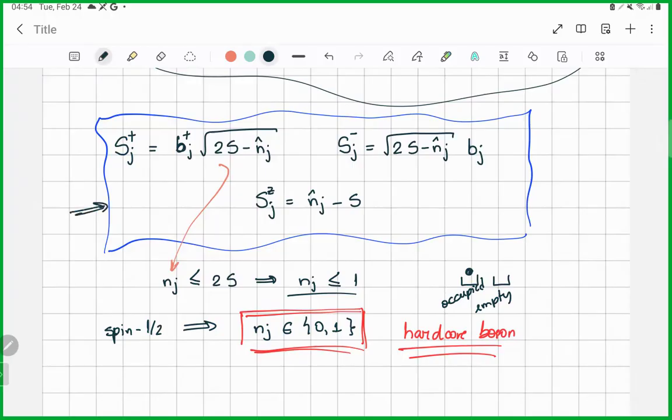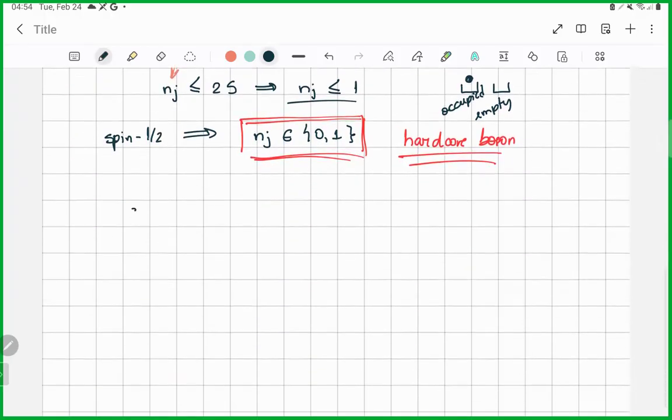But now for spins half, and you see, well, the transformation looks very simple. The raising operator just becomes the creation operator, the creation bosonic operator. The lowering operator is the annihilation, and SZ is the number operator with a constant.